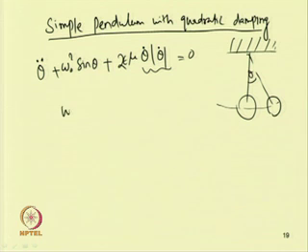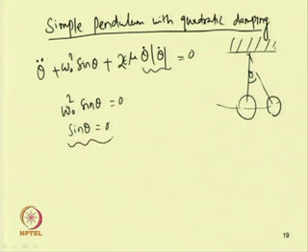One obtains omega 0 square sin theta equal to 0, so the singular points correspond to sin theta equal to 0, or theta an integer multiple of pi.